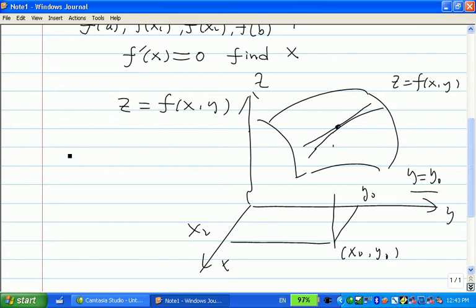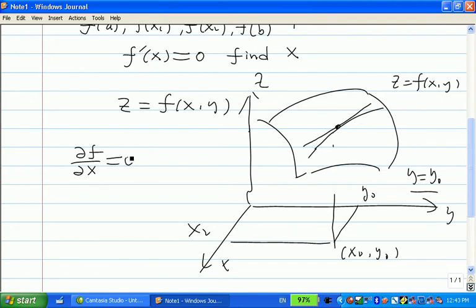Remember, that's exactly the partial derivative of f with respect to x. Again, this point is a local maximum on the surface, so there must be a local maximum on the curve. At a local maximum on the curve the slope of the tangent is 0, and the partial derivative of f with respect to x is the slope of the tangent for that curve, so it must be 0.